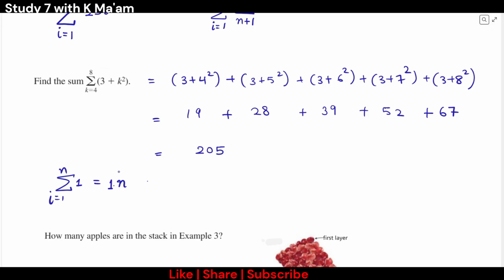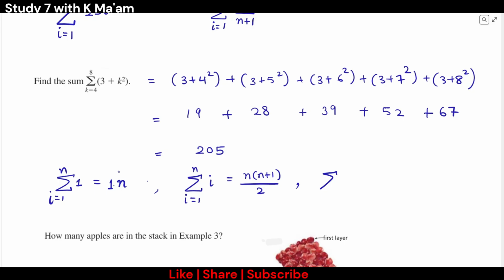Okay? If the terms are changing, like 1 plus 2, continuous natural numbers are there and we are adding the natural numbers up to n, i is equal to 1 to n, the formula is n times n plus 1 over 2.